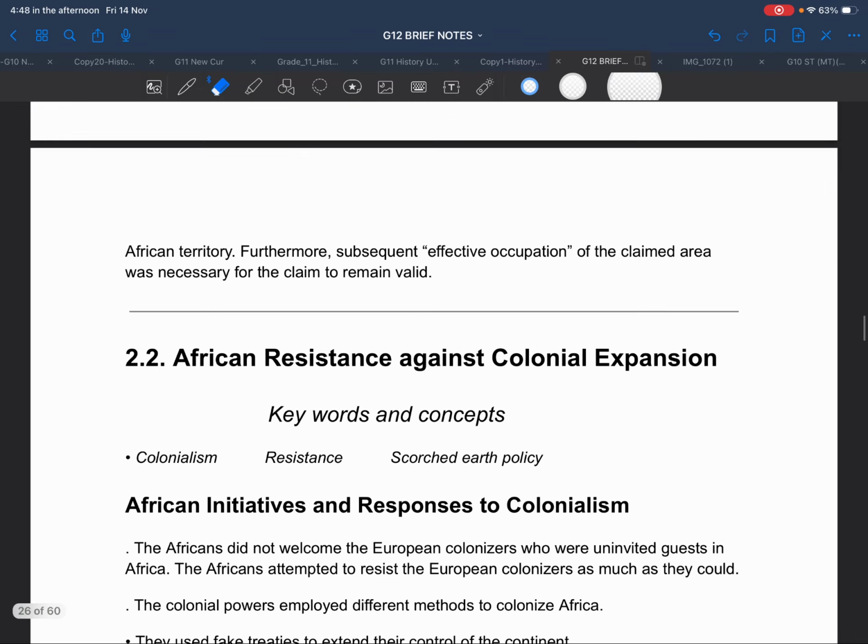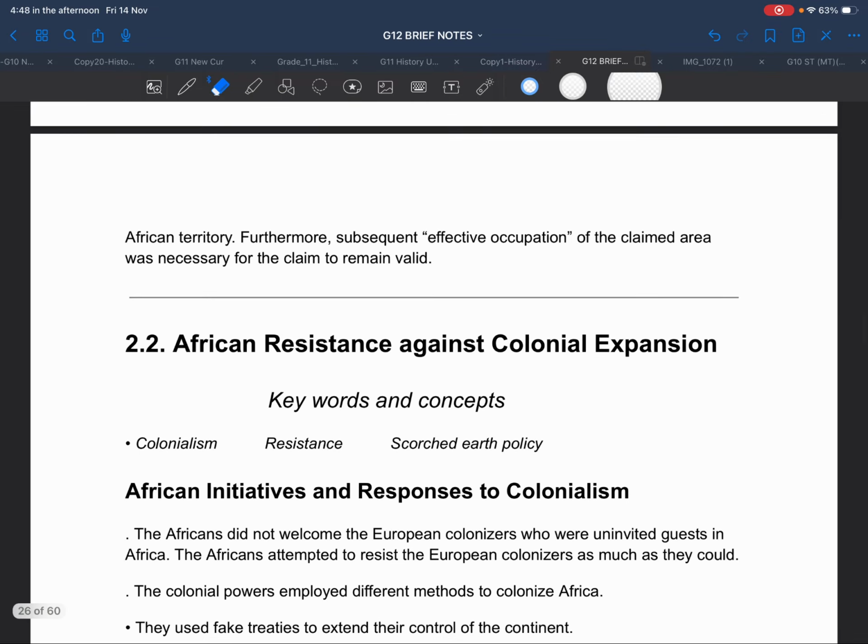Furthermore, in addition, subsequent effective occupation of the claimed area was necessary for the claim to remain valid, to get validity, to make it real. In subsequent times, European powers tried to bring about effective occupation of the claimed area, which was the most important.